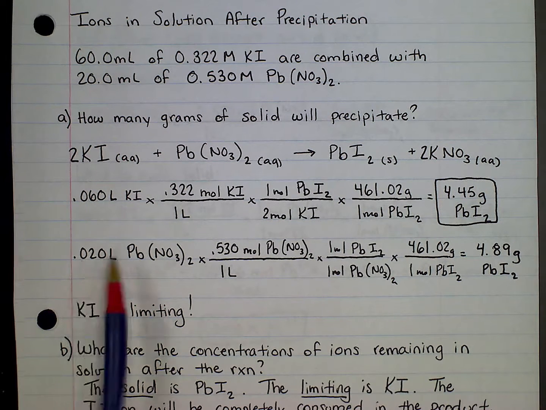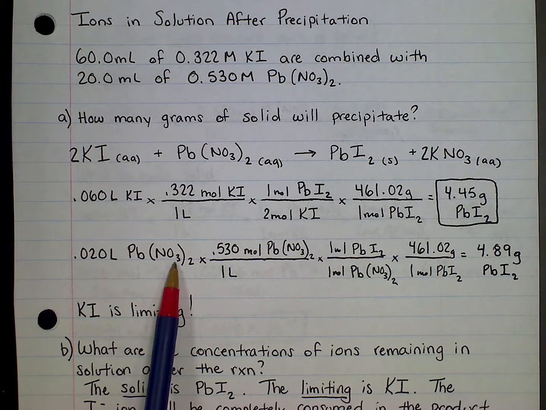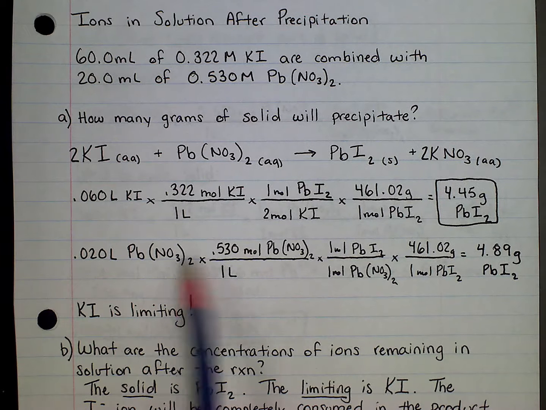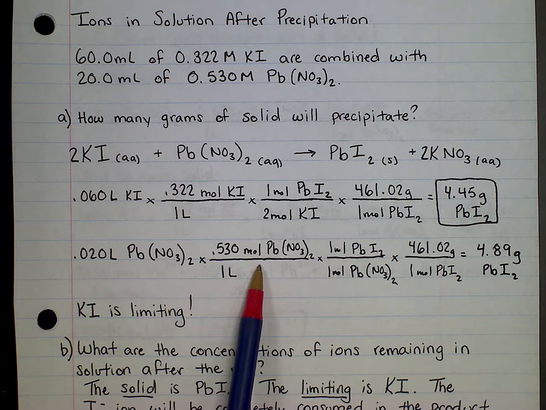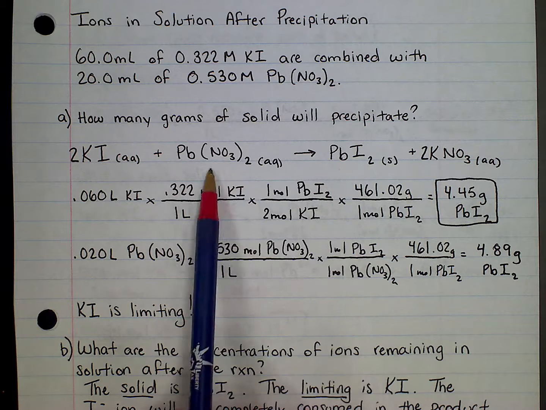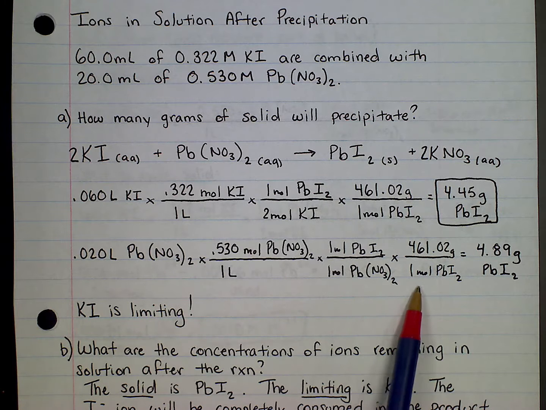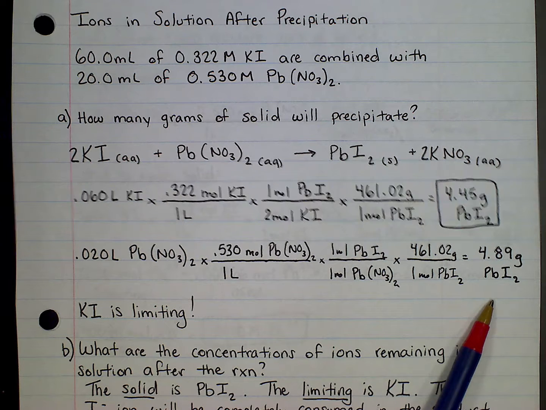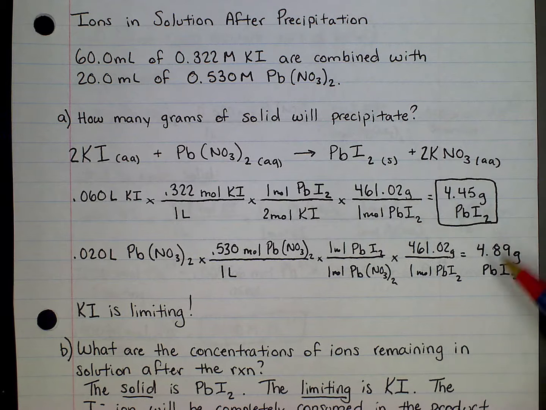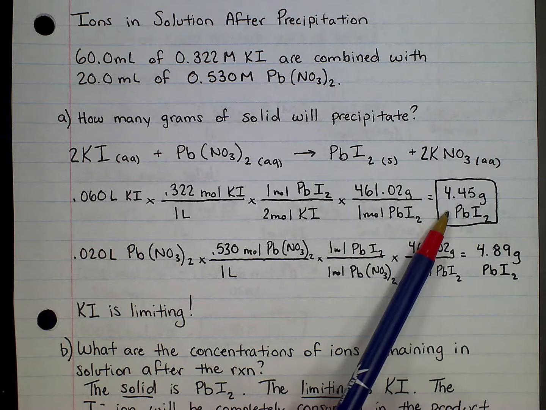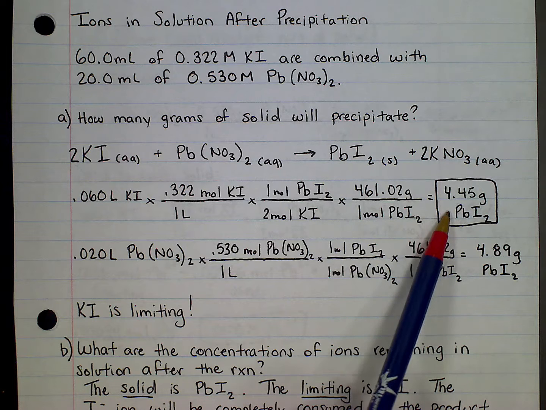Okay. Same thing down here. Now I'm doing the same exact thing, but I'm starting with the other reactant and multiplying by its molarity to get to moles, and then I use the ratio between the reactant and the solid, and the molar mass gets me this answer here. So comparing these two answers, I see that the smaller amount is how much can actually be made. Okay, so this actually gives us 2 bits of information.